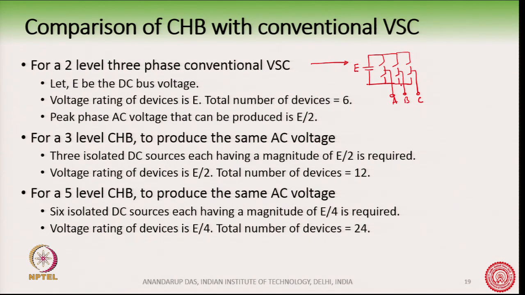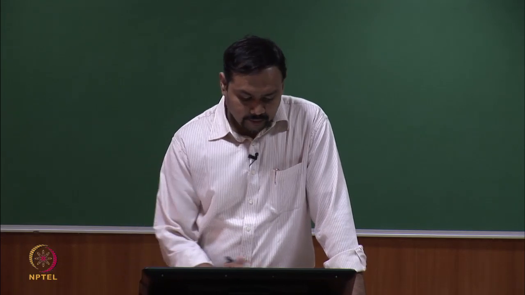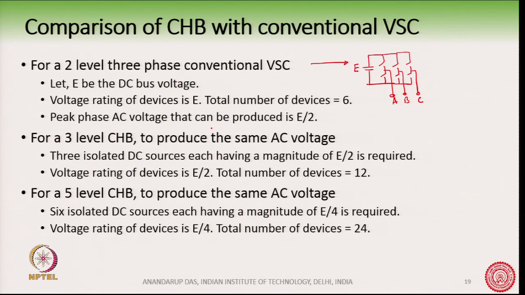Now, what is the peak phase AC voltage that can be produced? We have seen earlier that if we use sine PWM, then it is m times the DC bus voltage divided by 2. So, for m equal to 1 with sine PWM, the peak voltage that you can produce is E by 2.